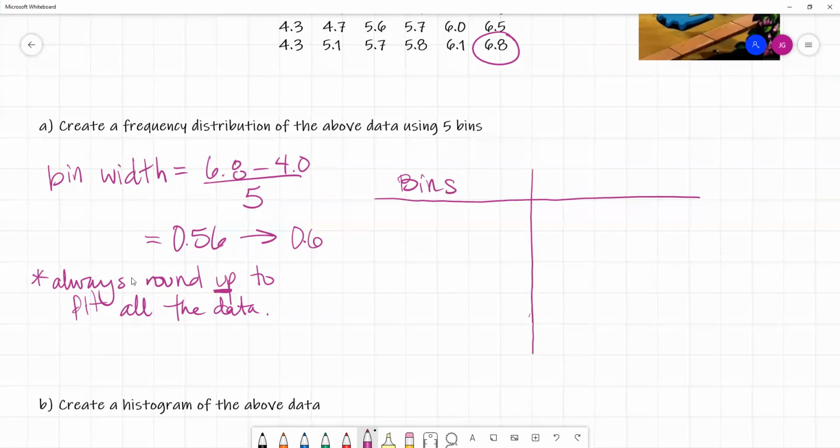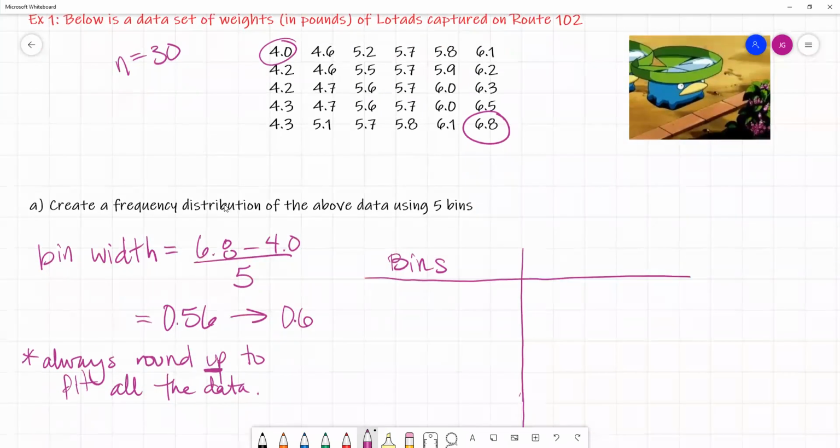I'm going to start with my smallest number. So 4.0 is where my starting point is, 4.0. And then here is the notation that we use for our bins. So 4.0 is less than or equal to x, which is less than 4.6. Let's rewind and see where I got some of this. 4.0 is my starting value.